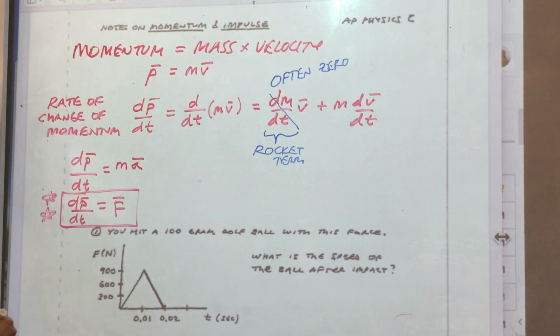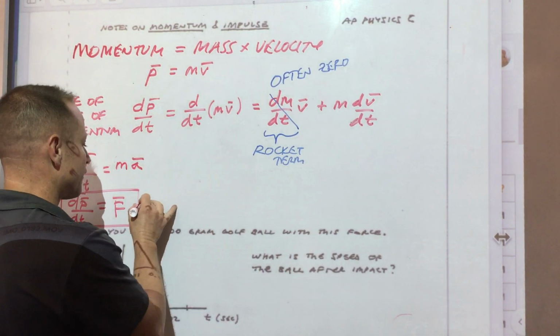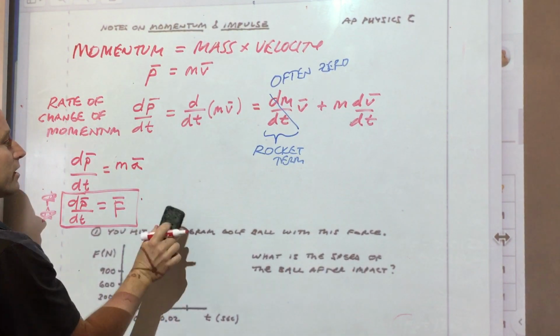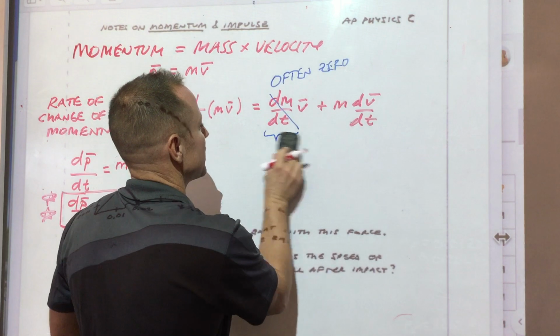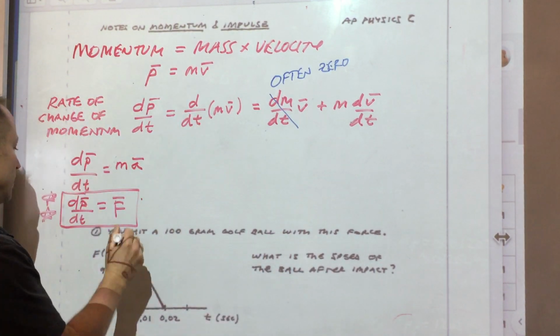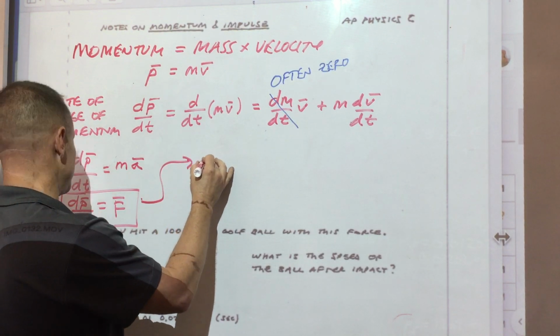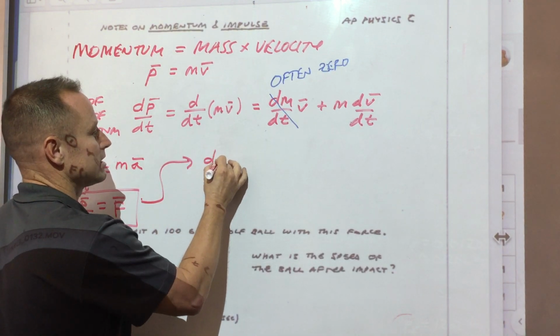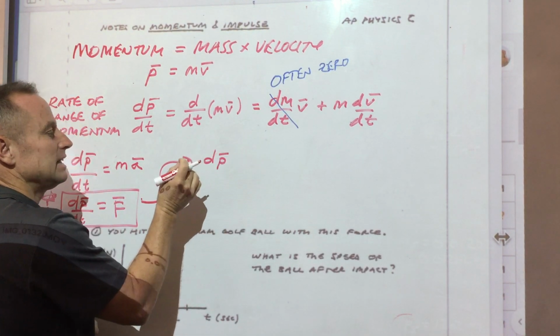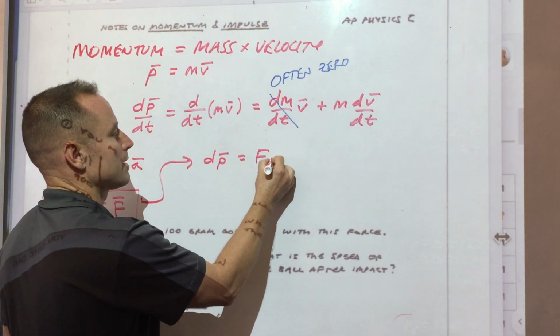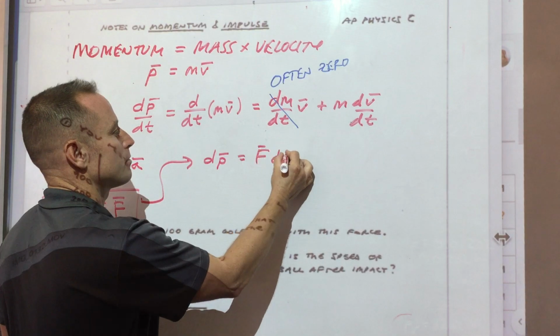So just rearranging this a little bit, if I bring the dt over to the other side, and I am going to erase the rocket term here to clear up some space. From this, we can see that if you move the dt over, a little itty bitty change in momentum is equal to force times an itty bitty change in time.